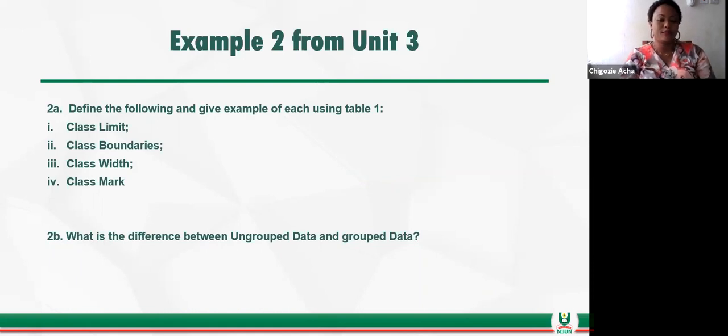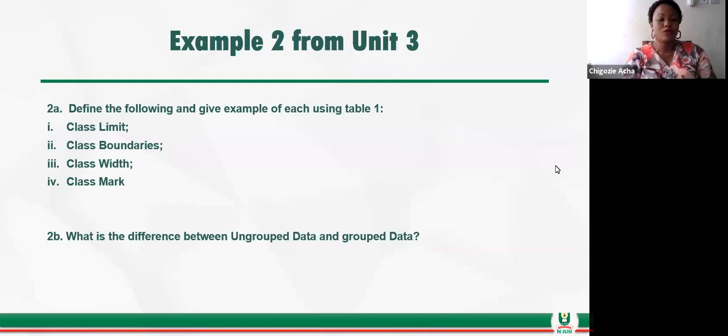Anybody? Those people that have tried to look at unit 3, we have the definitions under unit 3. Is there anybody that bothered to look at unit 3? Here you have our class limits.